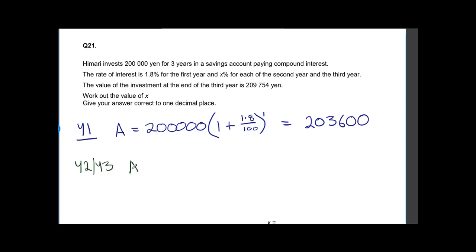We're told A equals, she started off with 203,600 times 1 plus X over 100. So just fill in the blanks. How many years? 2 years. And that equals 209,754. Okay, this one will be quite easy. We want to get X, don't we? So let's get rid of the stuff away from here.